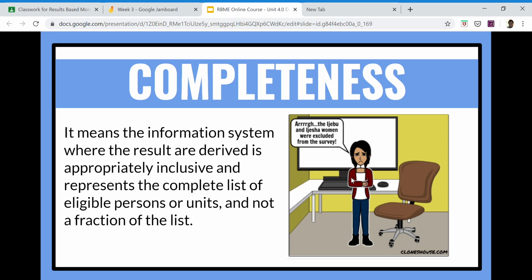So you can think about completeness of the data. Completeness would mean that in a data set you might have age, gender, but you missed out on location, for example.